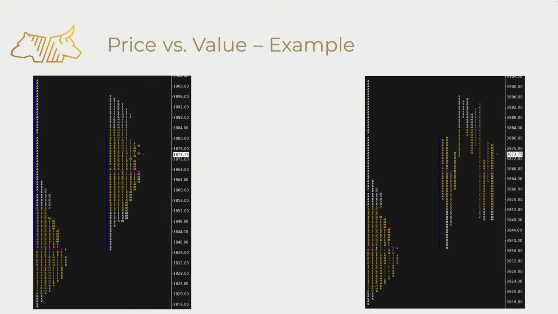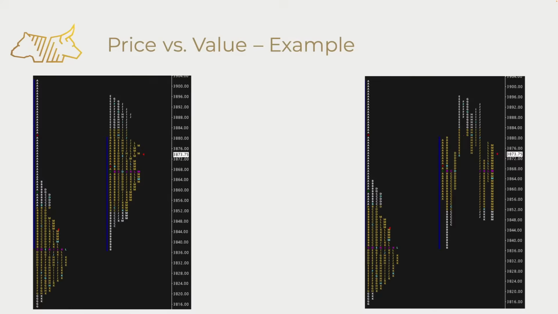This is a good indication that the market is probably getting too short into the end of the day, and these short-term sellers are likely going to have to liquidate their positions. And that's exactly what happened. As you can see, the market traded back up into value and closed much higher.